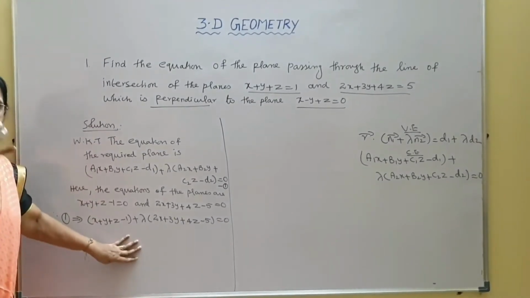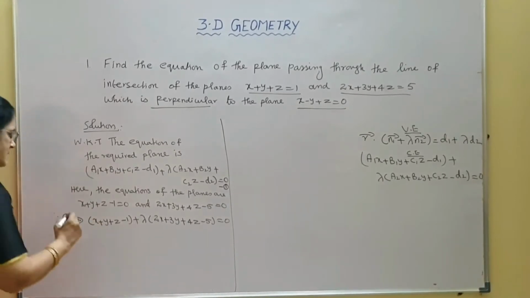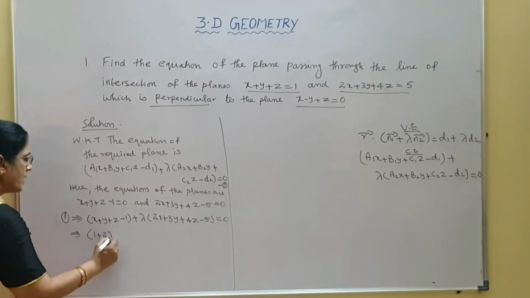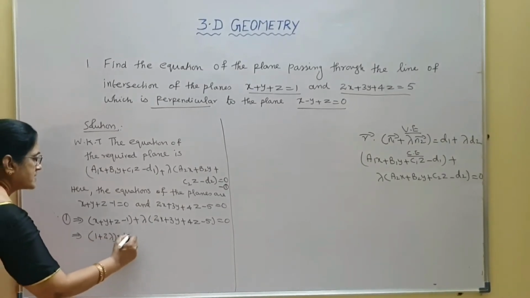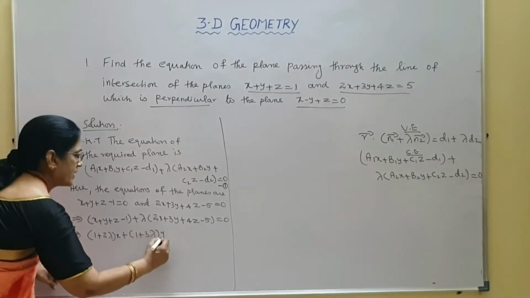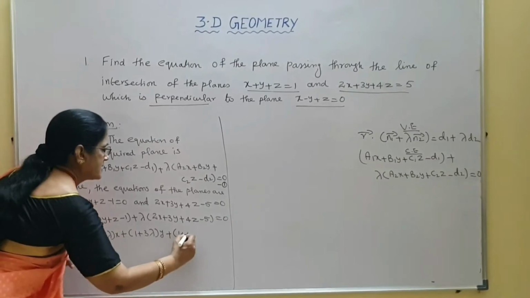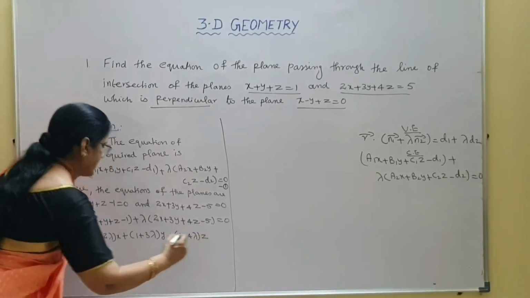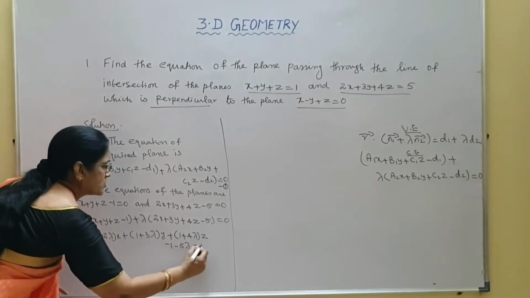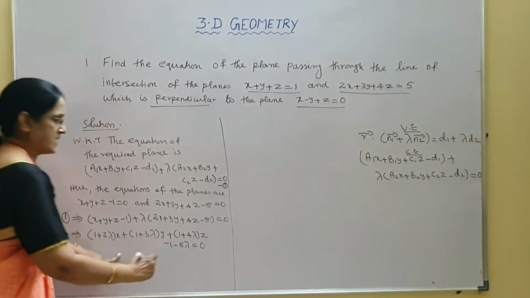I can collect the like terms and write the equation of this particular plane as, this implies 1 plus 2 lambda into x plus 1 plus 3 lambda into y plus 1 plus 4 lambda into z minus 1 minus 5 lambda equal to 0. Let me write this equation as 2.